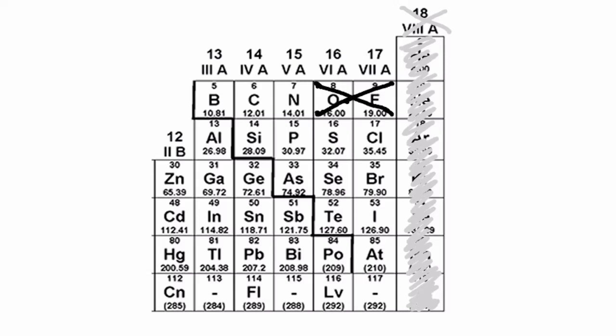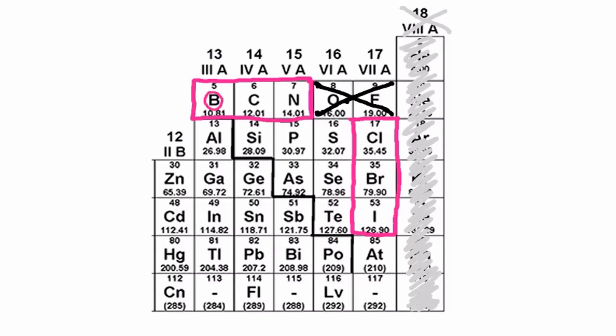Then right next to the oxygen, there are these three elements. And then right below the fluorine, there's another three elements. And so all the elements in both of these hot pink boxes get three oxygens for their polyatomic ion ending in "ate".